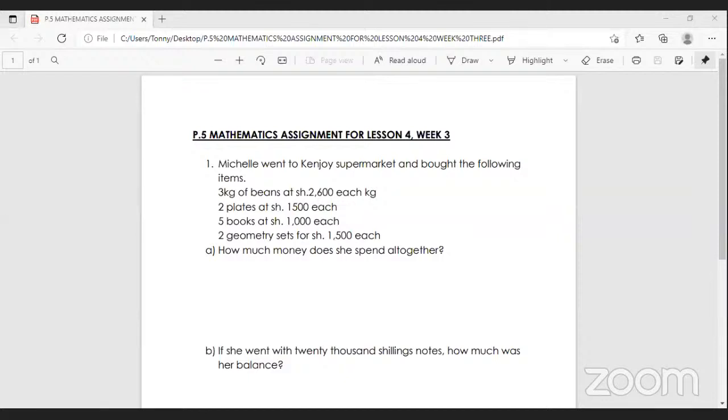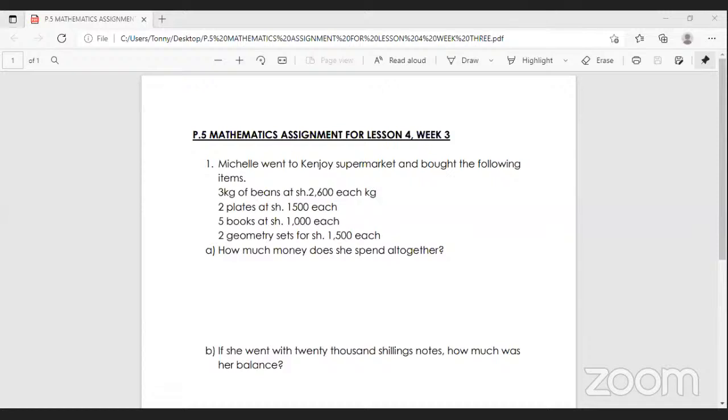Very good. So yes, that is the question that I have given you. Michelle went to Kenjoy supermarket and bought the following items. She bought 3 kilograms of beans, and each kilogram they are selling at 2,600 shillings.